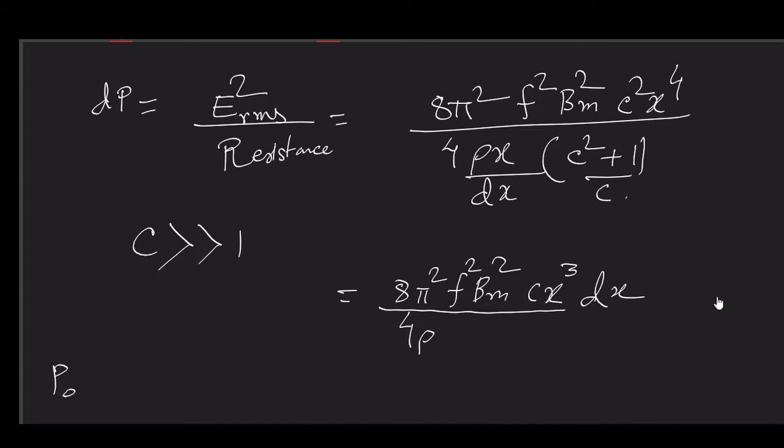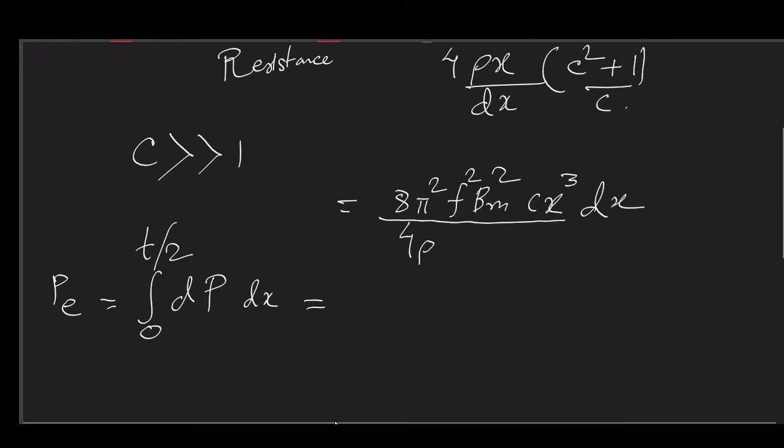what should be the eddy current loss? If we write it like PE is equal to integration running from 0 to T by 2. Why it is T by 2 I have already discussed. dp.